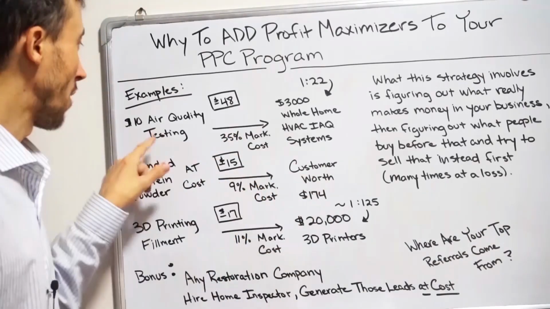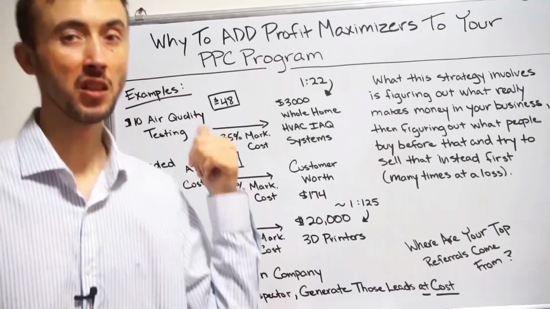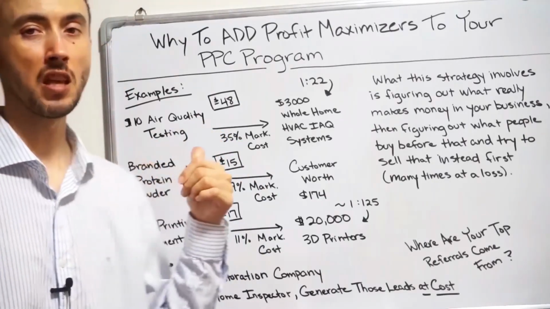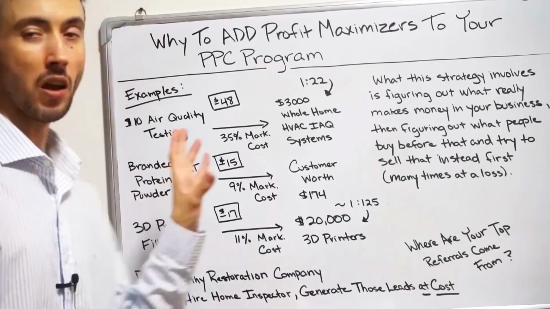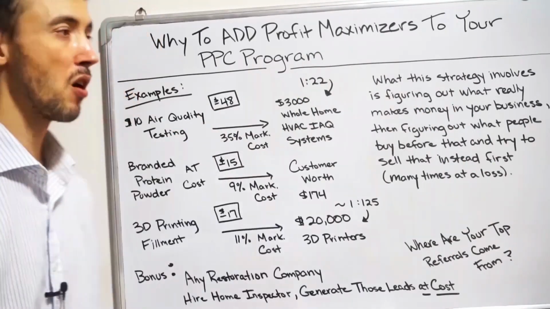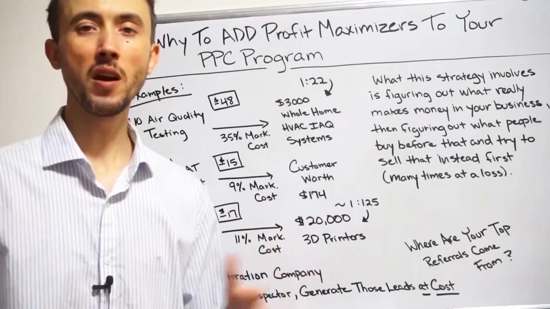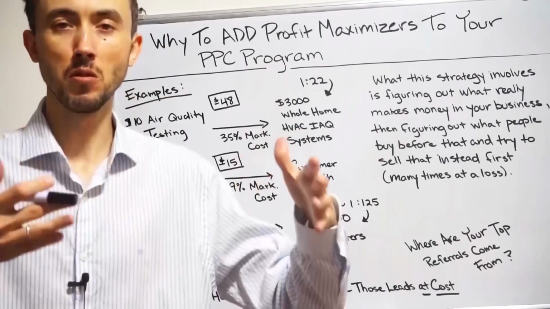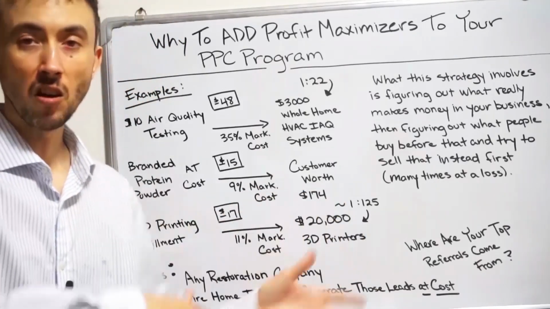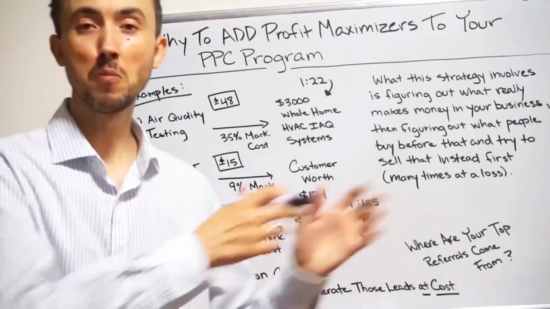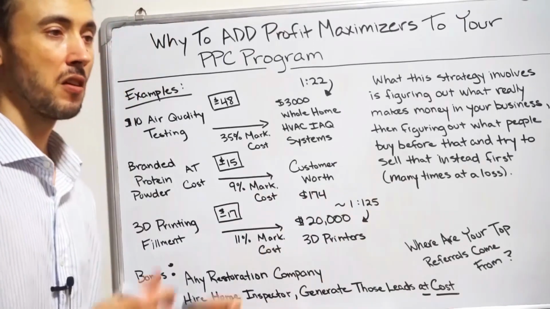So they went after people, making a loss on the air quality testing, which is something you would normally get before you would buy a system anyway, and went at it from that angle and made more money. So, long story short, what is it that leads up to a purchase of what you really want to sell? Figure out what that is, offer that, or just start marketing that more.